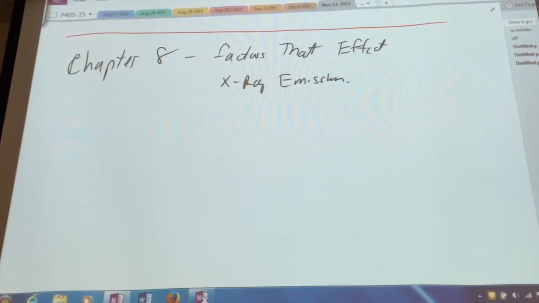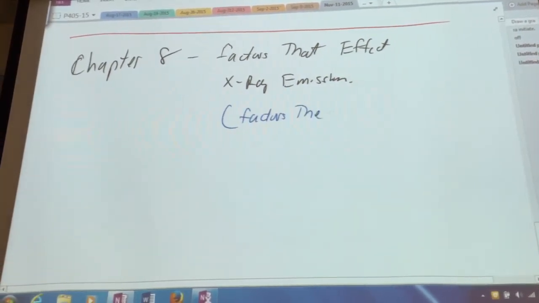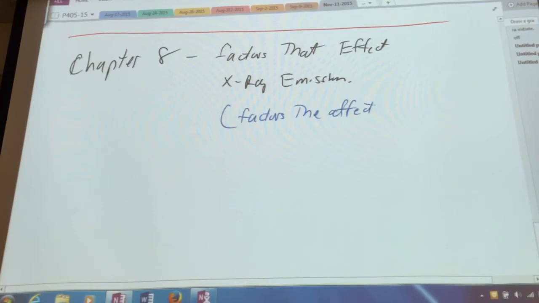Kind of a strange title for this chapter. What he's really thinking about is factors that affect intensity. Factors that affect X-ray emission or effect X-ray emission?